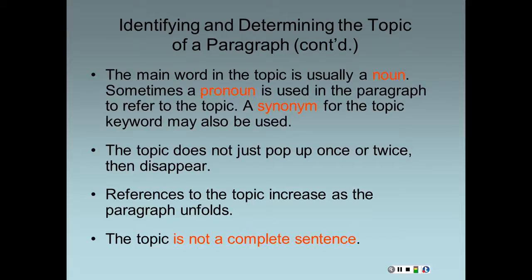Other clues that will help you to identify the topic are: the main word in the topic is usually a noun. Sometimes a pronoun is used in the paragraph to refer to the topic. A synonym for the topic keyword may also be used.